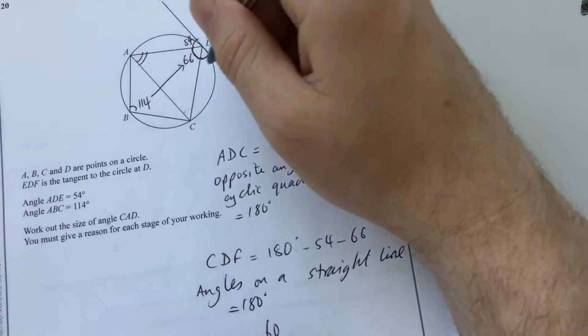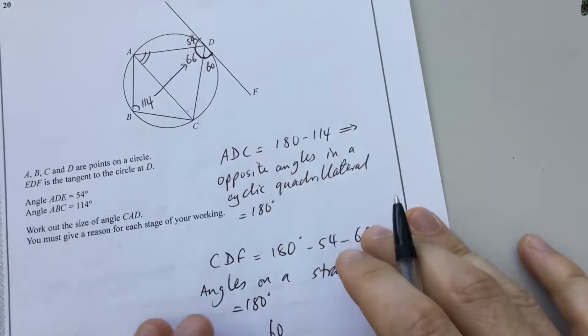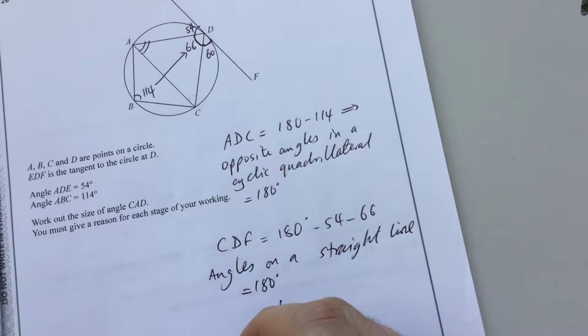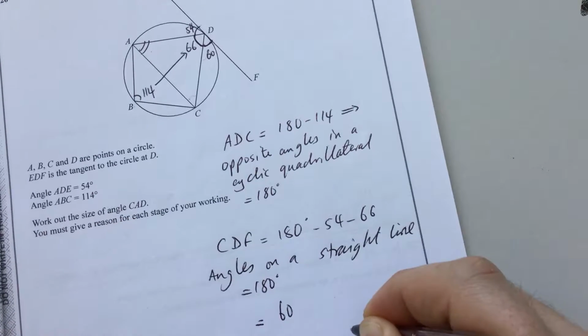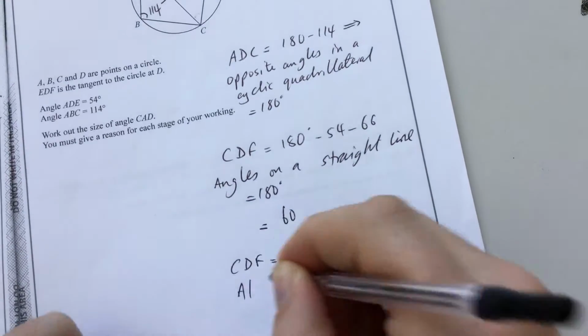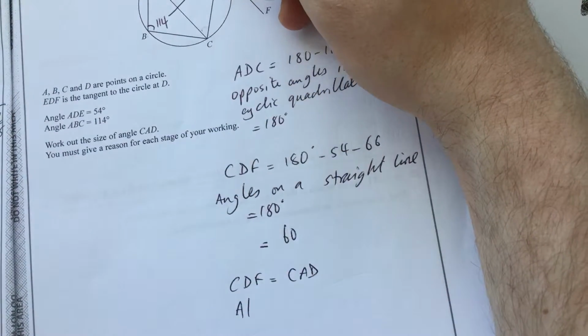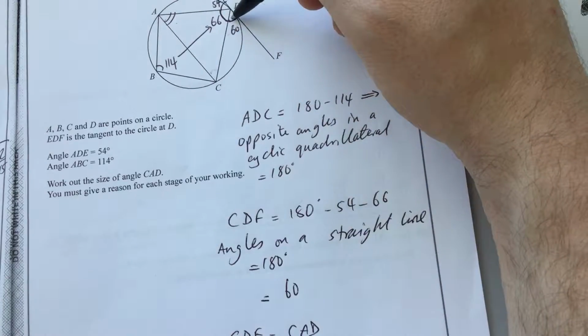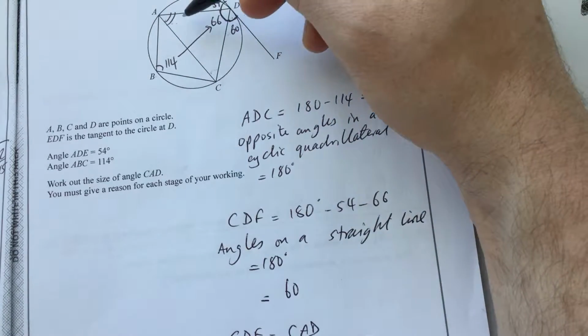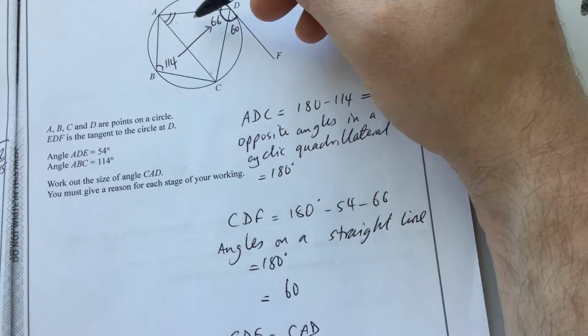So I know this bit's 60. And I know that CDF equals CAD because of the alternate segment theorem: the angle we just figured out here equals the angle we're after here.